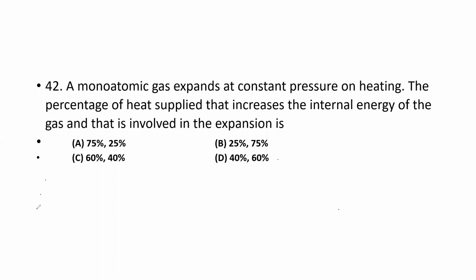The fraction of energy supplied for the increase in the internal energy is given by 1 divided by gamma. For a monatomic gas, gamma value is 5 by 3, so 1 by gamma is written as 3 divided by 5.